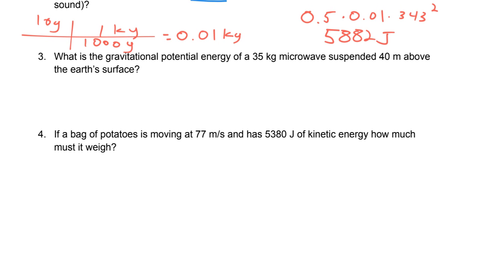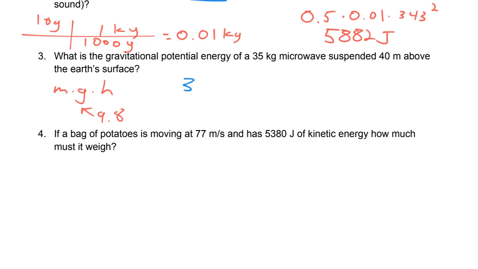All right, gravitational potential energy. So the formula for that is mass times g times height. And for g, we're always going to use 9.8, which is our approximation for the acceleration due to gravity on Earth.